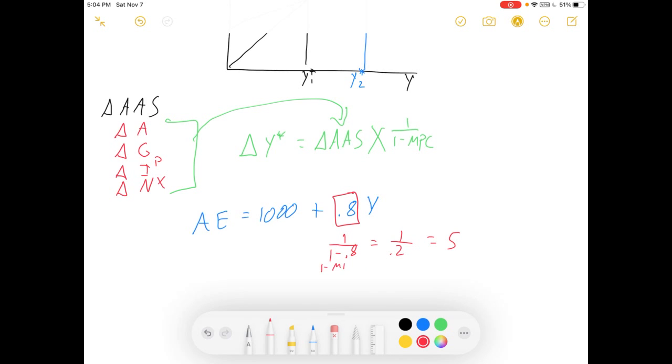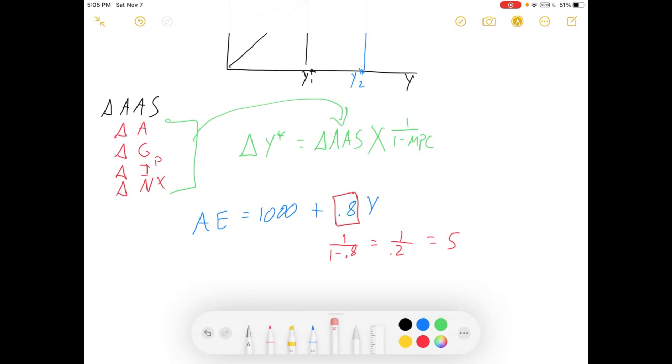By the way, quick side note, this is 1 minus MPC down here, which means that this is MPS over here. I could just as well have written this as times 1 over MPS. That's the same thing. I'm not going to emphasize it though. Now, what does this multiplier of 5 tell us?